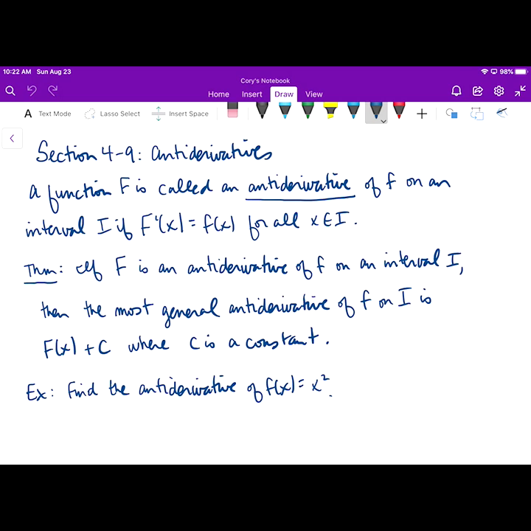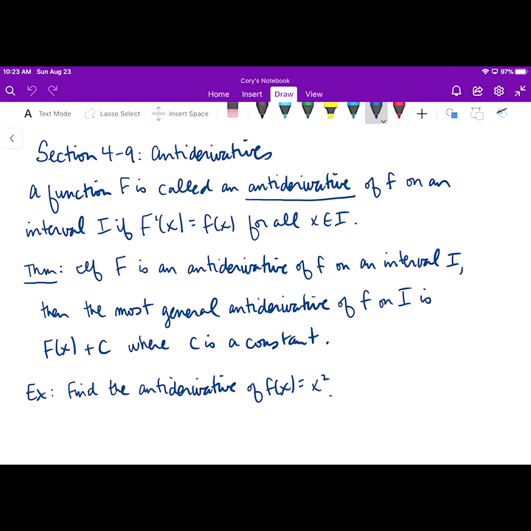Okay, so down below, I've abbreviated this theorem with THM. And it says if capital F is an antiderivative of lowercase f on an interval I, then the most general antiderivative of lowercase f on the interval I is capital F of x plus c, where c is a constant.